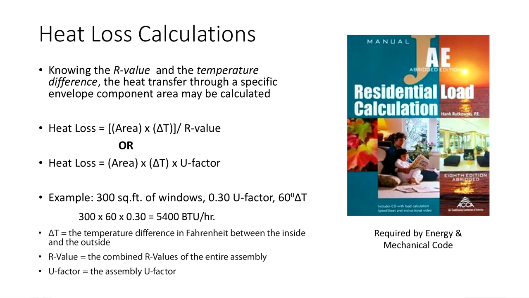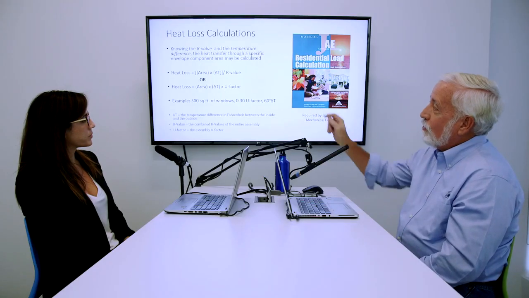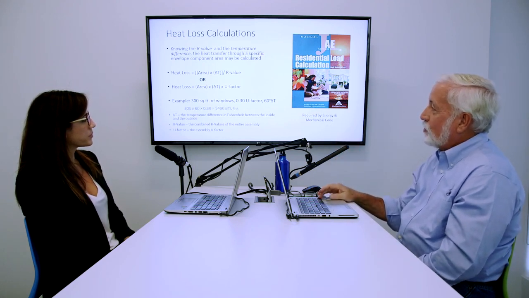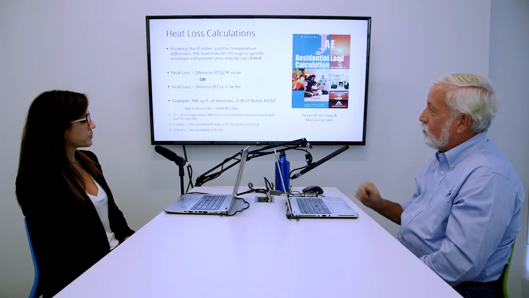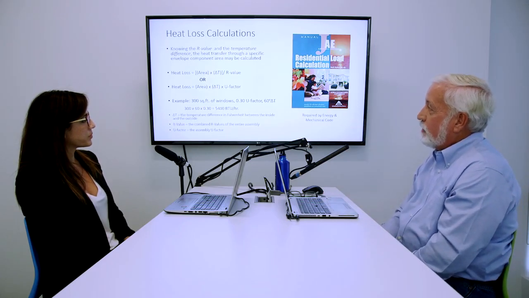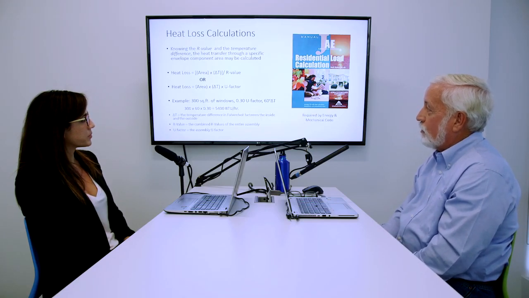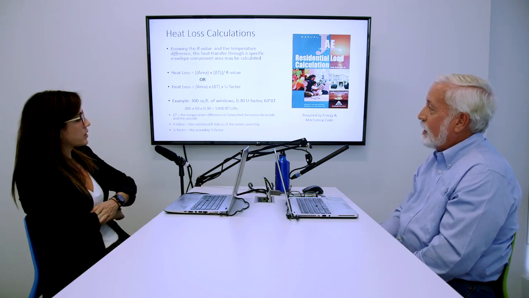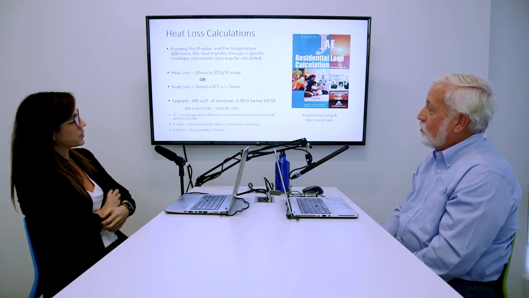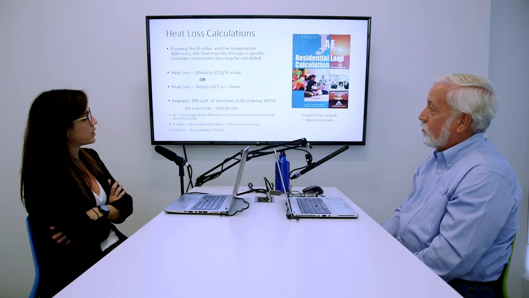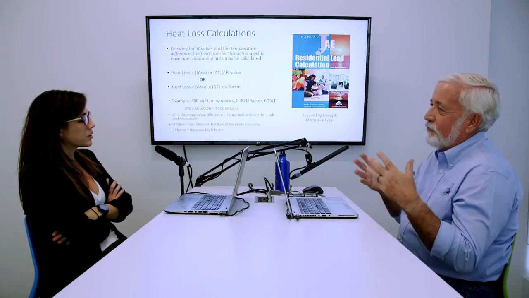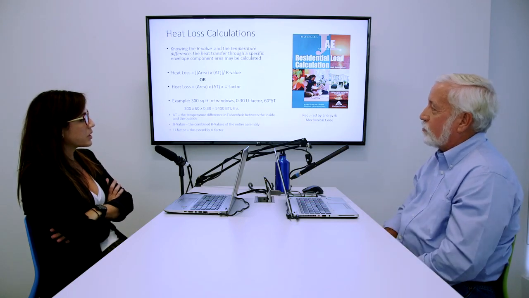Well, we have 60 degrees Fahrenheit, and we have 300 square feet of glass, so we simply take the area from the formula above, which is 300, times 60, which is the delta T, times 0.3, which is the U factor, and we get 5,400 BTUs. That's how many BTUs of heat will be lost through 300 square feet of window. And that's about the average window that you'd see on a 1,500 to 2,000 square foot single story house.